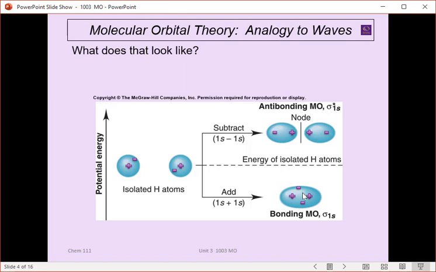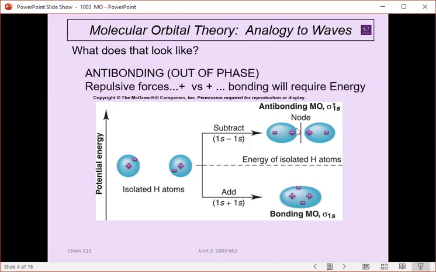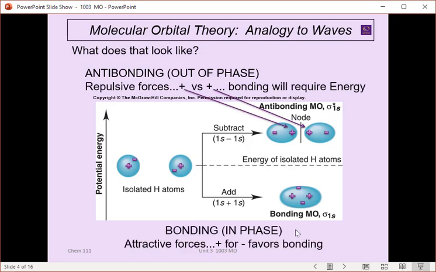So the interpretation is this: for every atomic orbital, I bring in one s, it bonds to the one s of the other hydrogen, so that brings in two s orbitals. That would mean I have two molecular orbitals, and one of those will be bonding, that's the one down here, and one will be anti-bonding. It's just that simple. So remember, anti-bonding is out of phase, and bonding is in phase.